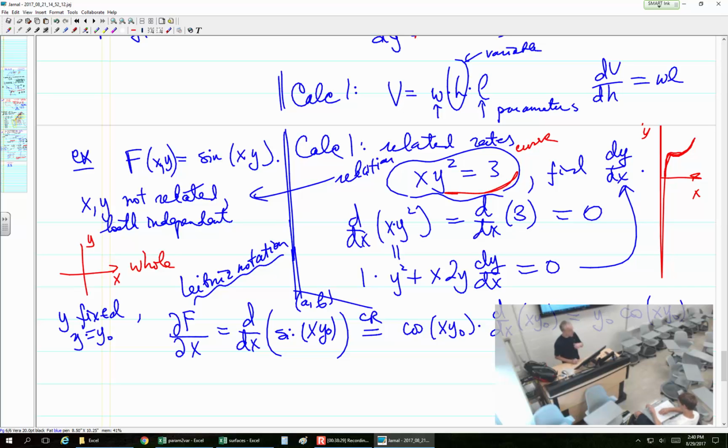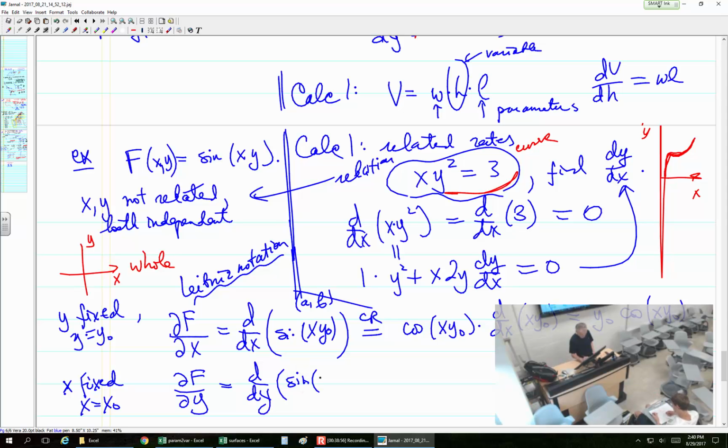So y naught appears on the outside, and it gives you simply a vertical stretch of cosine. Similarly, x is fixed: x is equal to x naught. And I'm looking at the curvy derivative, the partial derivative with respect to y, of the same exact formula, except now I attach 0 to x as a constant.